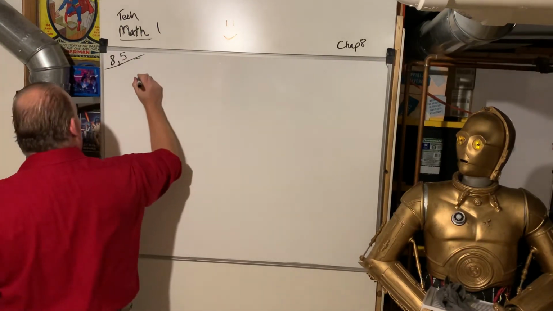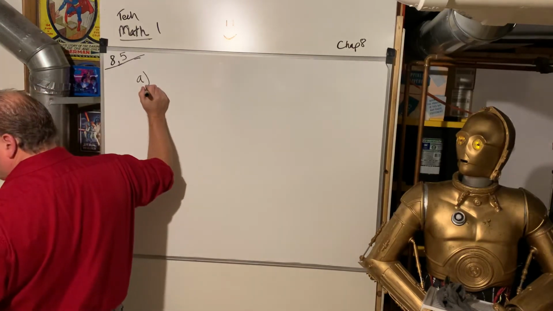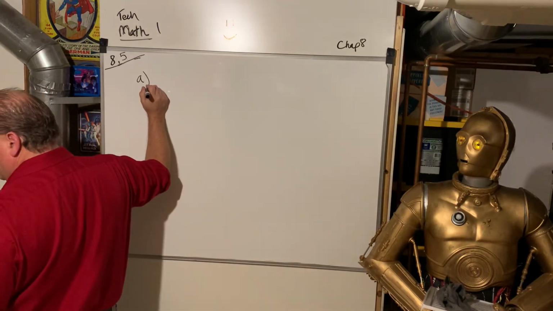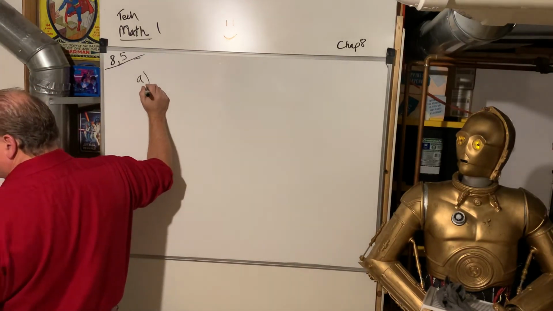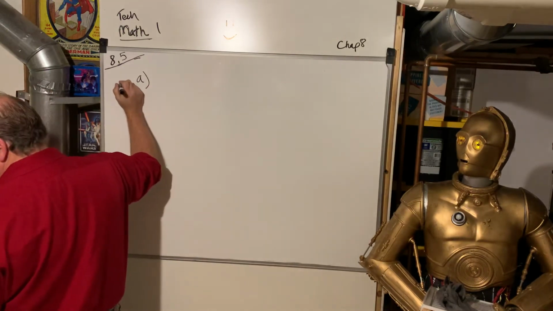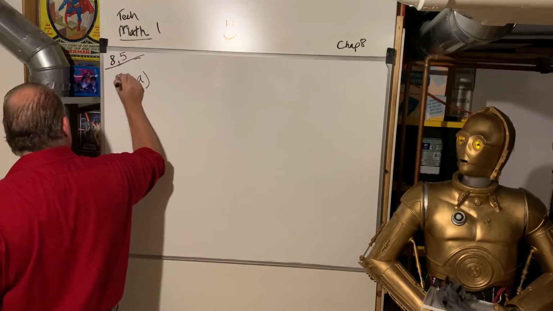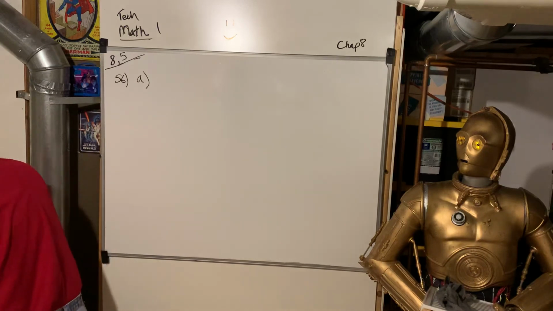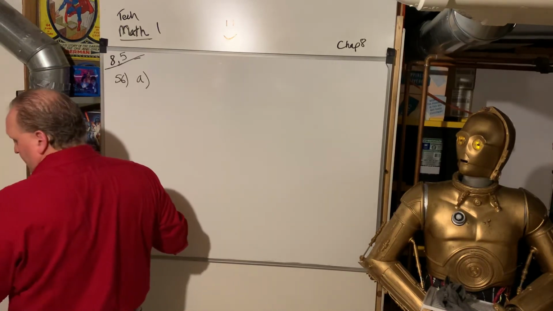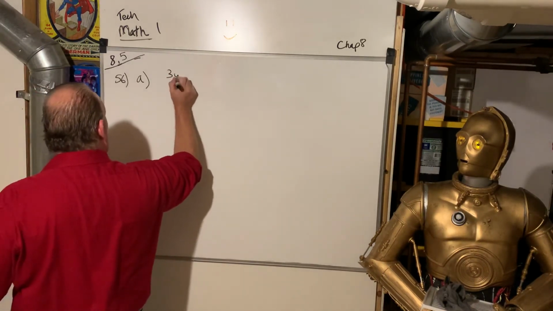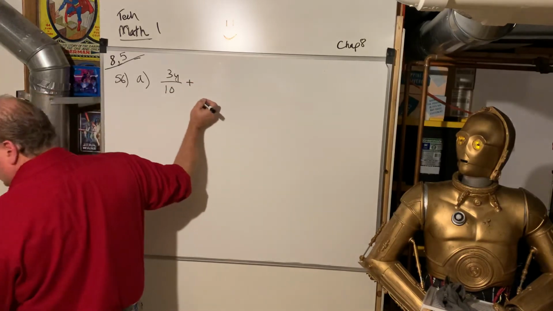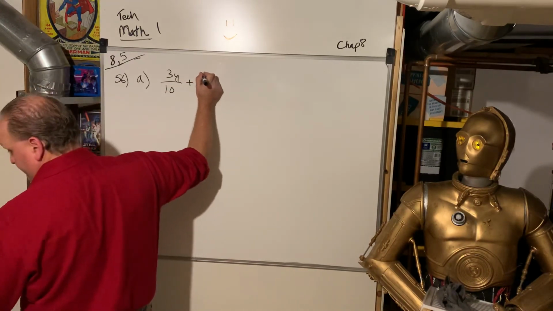When you add fractions, as long as they're divided up the same way, you just add up the numerators. So this is 8-5. We're looking at number 56 in the blue book on page 339. And they have 3y over 10 plus 3y over 10.